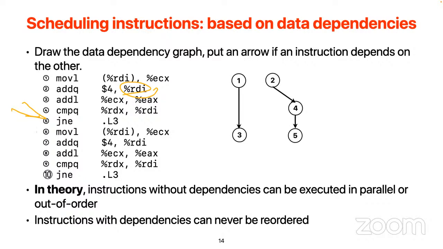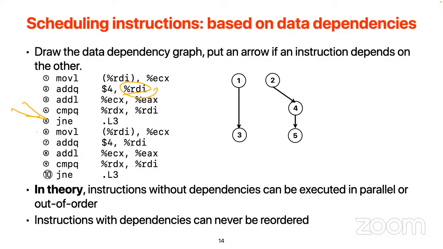So it cannot function correctly without having instruction 4 finished. So that's another one. How about instruction 6? What is it depending on? Is it depending on 4?